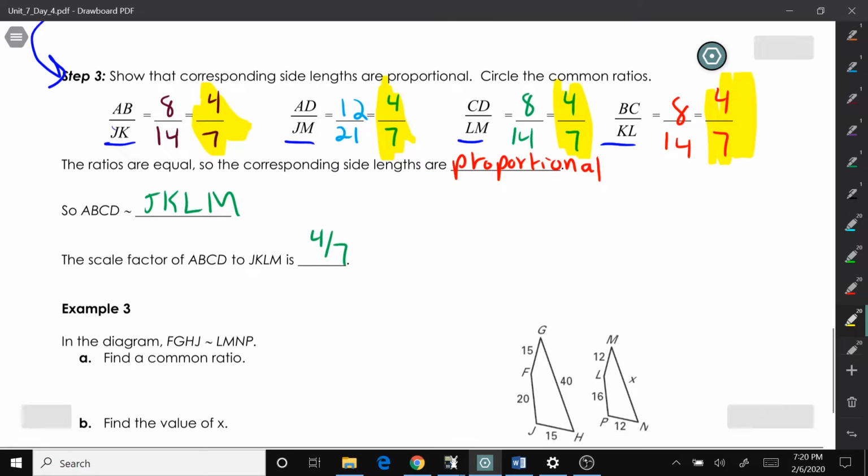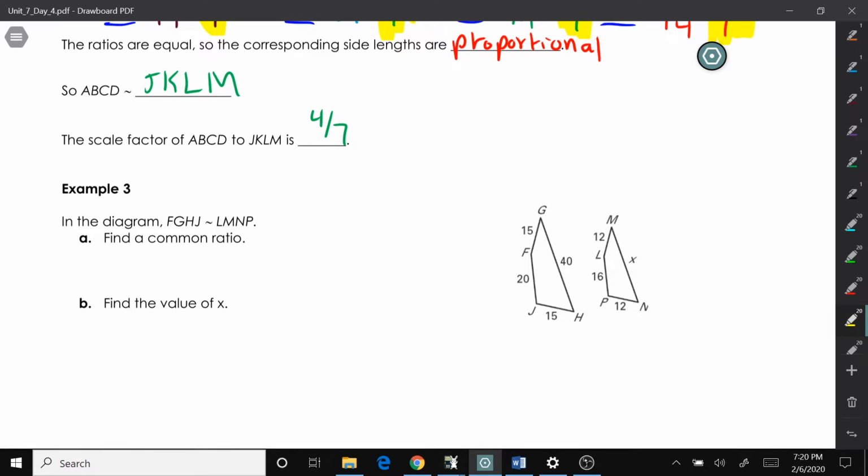Alright, last example, and then we're done. In the diagram, we are told that these two shapes are similar. So we're going to find a common ratio. You could pick any side that you want. I like dealing with even numbers, so I'm going to go with FJ and LP.